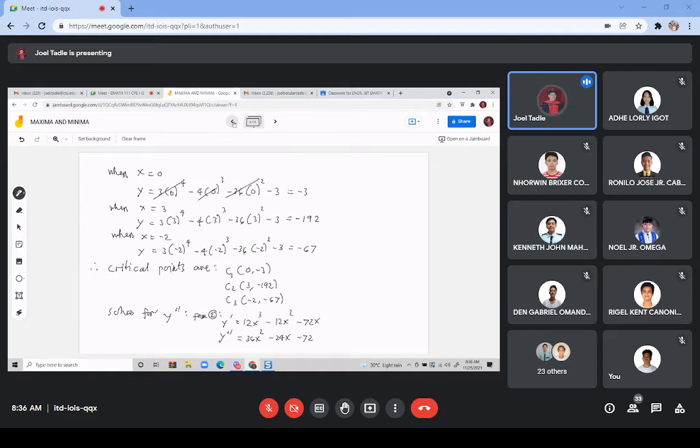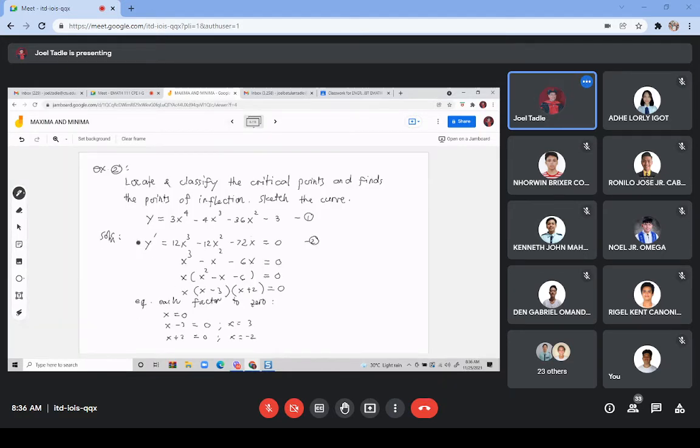So from equation number 2, which is y prime equals 12x cubed minus 12x squared minus 72x, kung ato ni siyang i-differentiate, maka-determine ta og y double prime. So our y double prime here is 36x squared minus 24x minus 72.